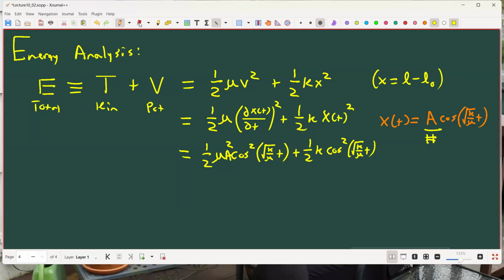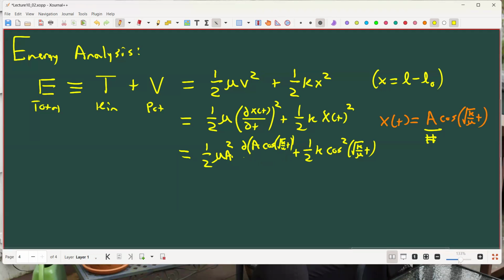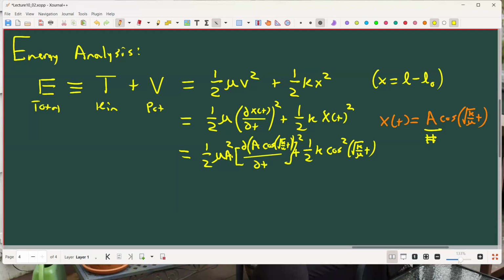Sorry. Let me erase. I apologize, guys. I forgot to clean something up here. I forgot to take the derivative of it. It's the derivative of a cosine of k over mu t, dt, all squared. Right, I take the square of the derivative. I apologize.